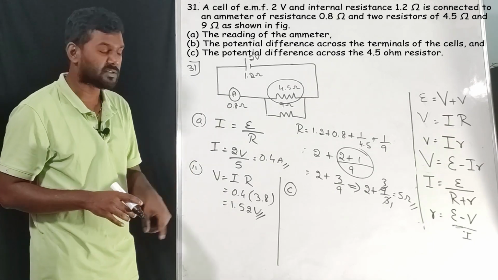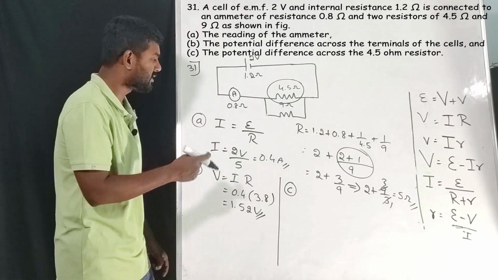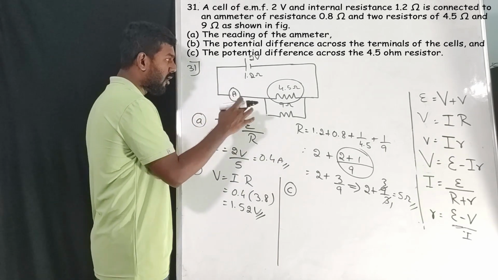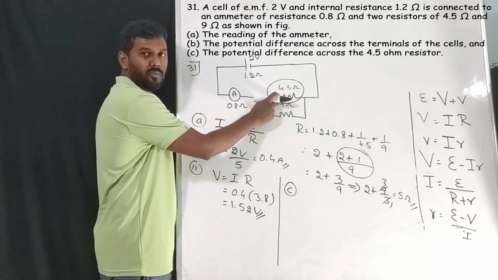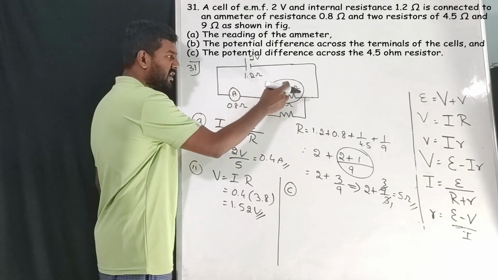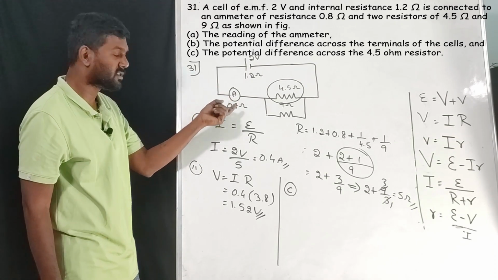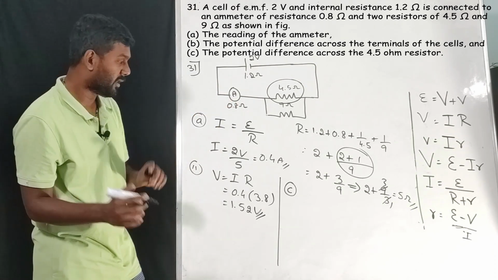If it has a resistance, then you have to follow this method. Okay, listen. See, if you don't have this internal resistance, then how do you find the voltage across this one? Whatever the current value, I into this resistance, you will get the value of voltage. But anyhow, it has an internal resistance, so we have to follow the method.